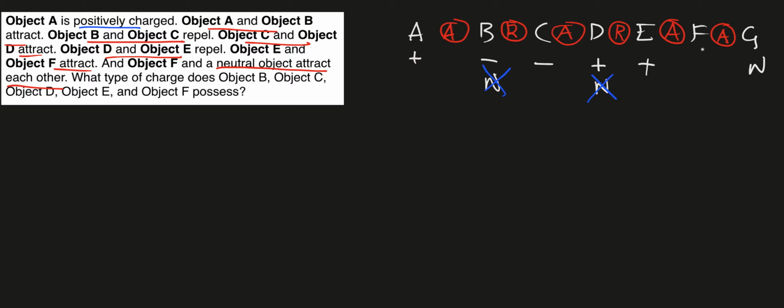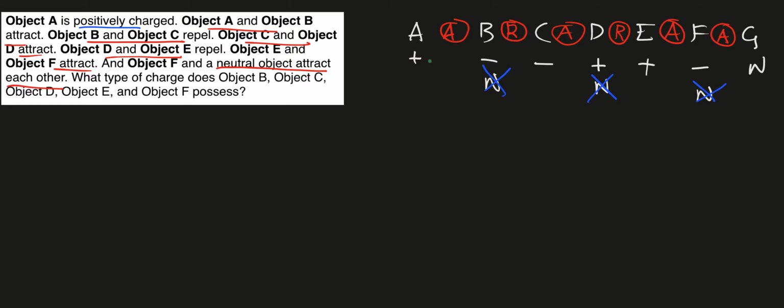Okay, now attraction, so F can be negative or it can be neutral because opposites or neutral attract. But attraction, negative and neutral will attract, but neutral and neutral will not attract. And so this is again out of the picture. So notice how we used our analysis here and we literally established quite nicely how everything's going to work. And we literally got the charges of everything with our work.